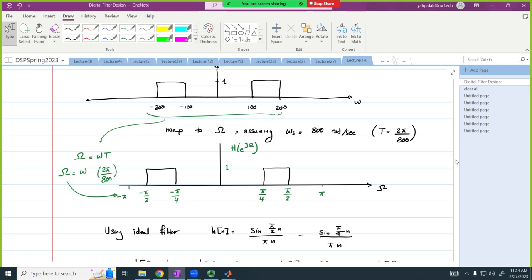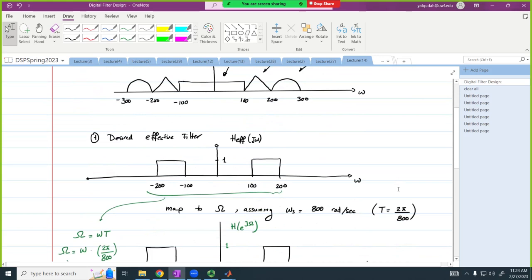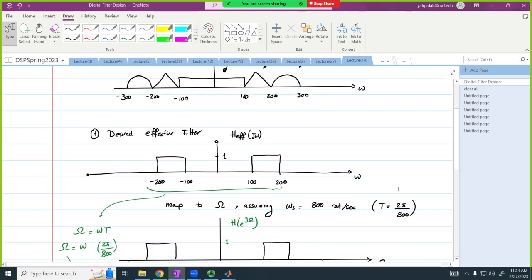So if I sample this signal at 800 radian per second, the effective filter is from 100 to 200. If I sample this signal at another rate, then this effective filter is going to be different. And to illustrate that, we'll do another example if we were to change the sampling frequency.